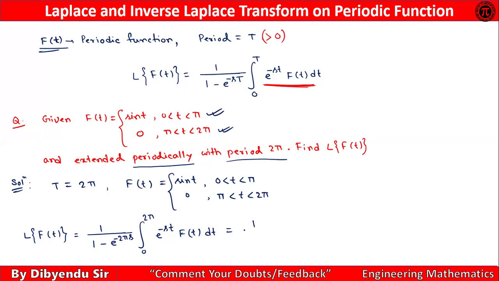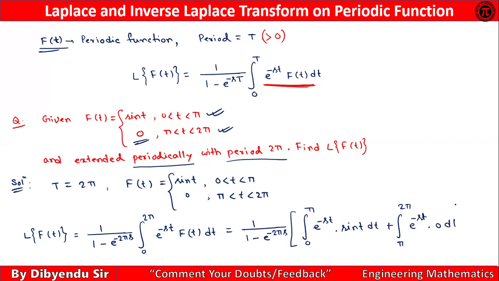We can write 1 by 1 minus e to the power minus 2 pi s, times the integration from 0 to pi of e to the power minus st into sine t dt, plus the integration from pi to 2 pi of e to the power minus st into 0 dt.